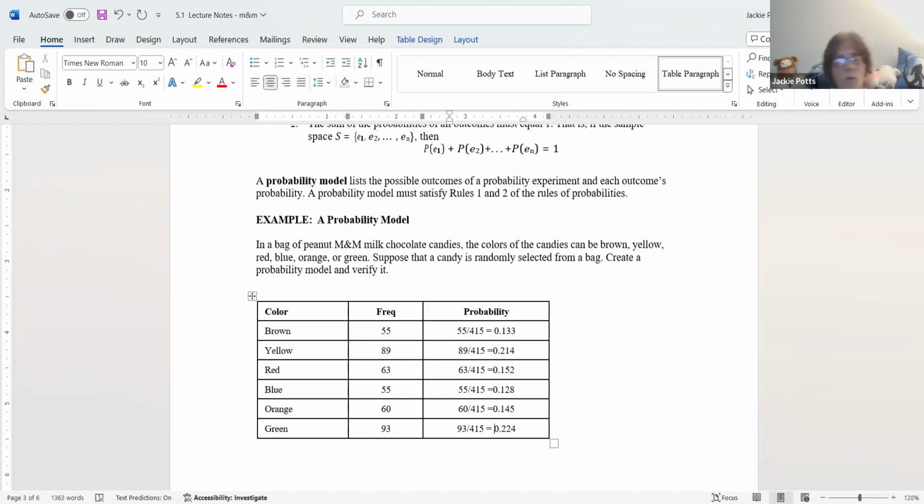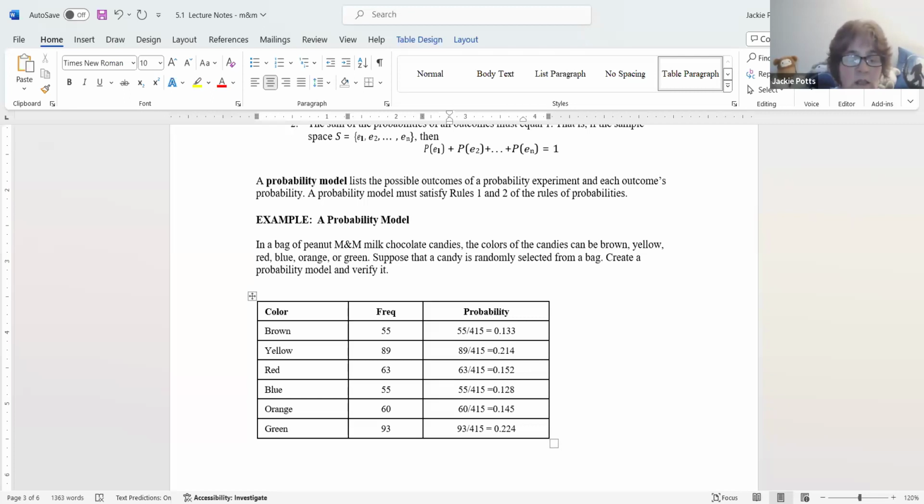Now, as of right now, this is a relative frequency table. Again, the difference between a relative frequency table and a probability table is that the probabilities have to equal 1. So we now total those percentages to see if we got 1, because if we do not, we have to fudge it.